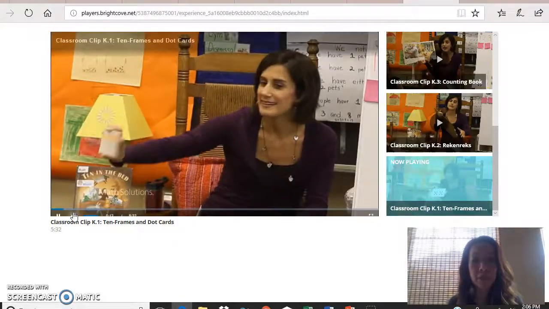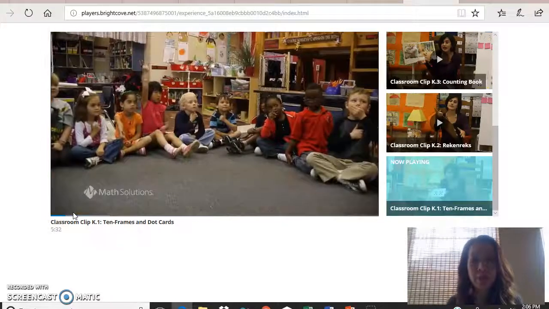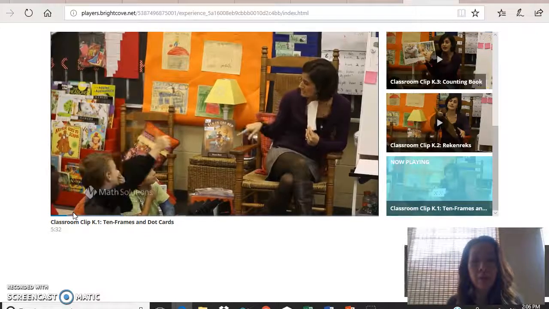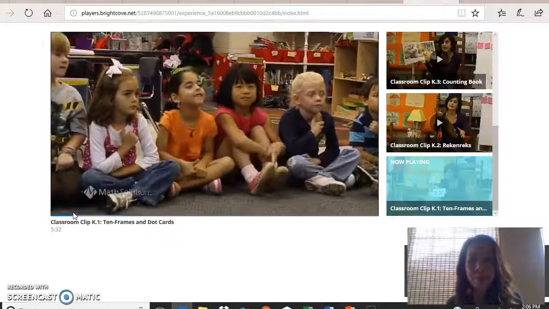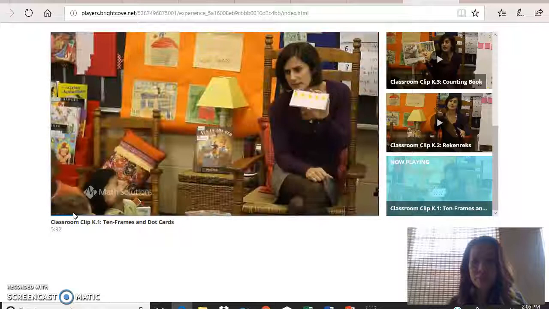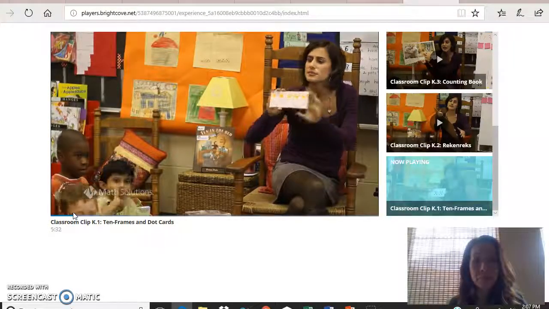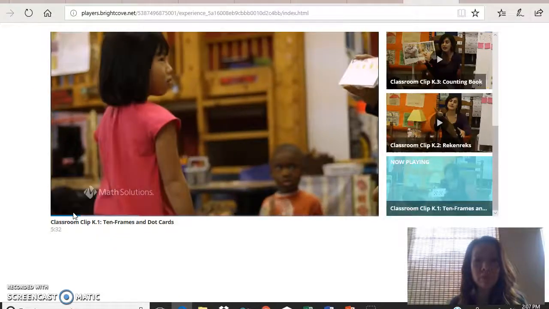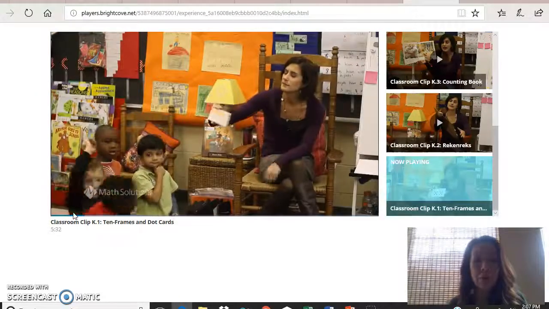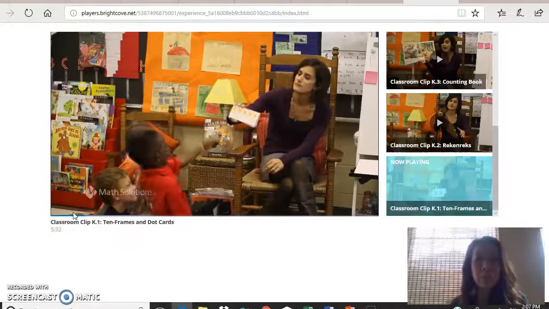So as you can see, the teacher is showing them a very simple ten frame, because this is a kindergarten class. And the students are allowed to talk about what they see and share it. And again, the teacher is just facilitating.